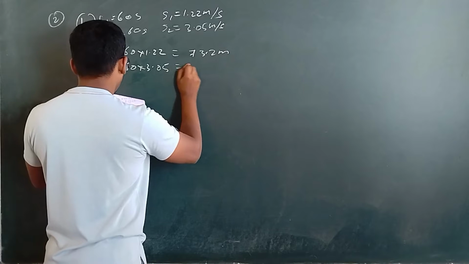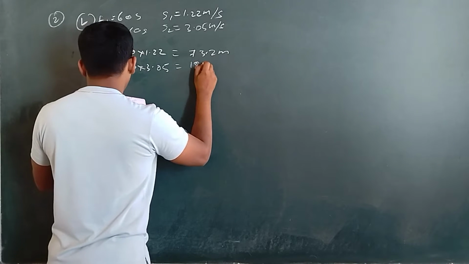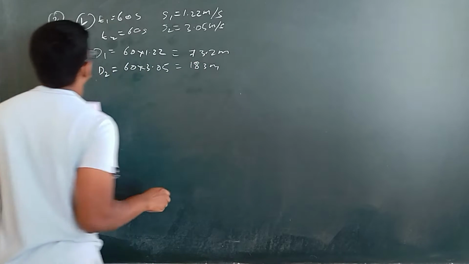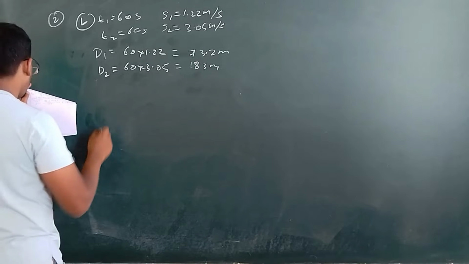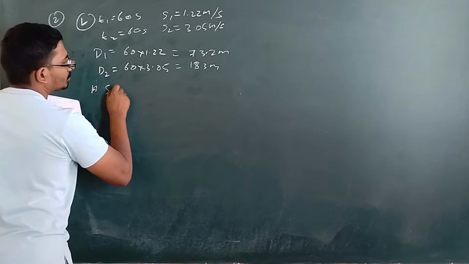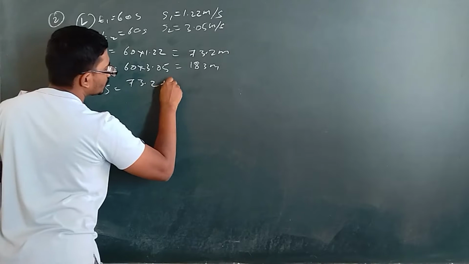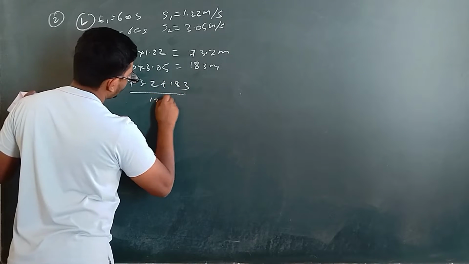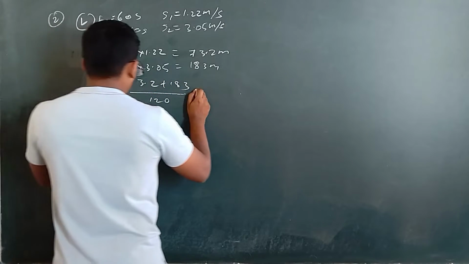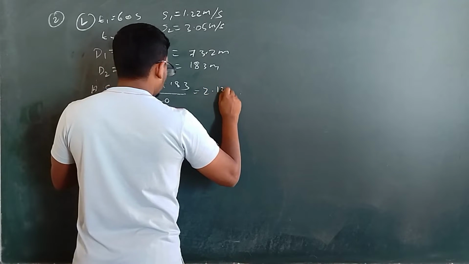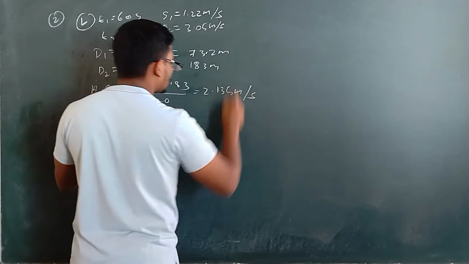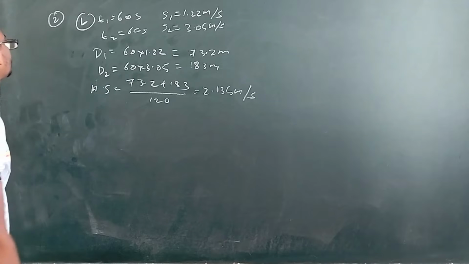In the second case we will be having 183 meters total distance. Here when we calculate the average speed, 73.2 plus 183 divided by 120 seconds will be equal to 2.135 meters per second, which is the final answer.